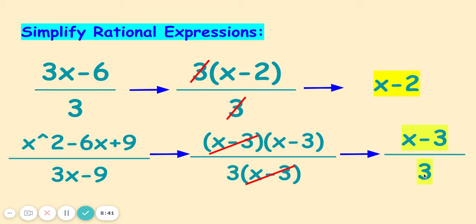You can only cancel from numerator to denominator if they are separated by what? Product. They are separated by multiplication. So, if addition and subtraction, you cannot do that. Okay? So, in here, yan na po yung final answer.